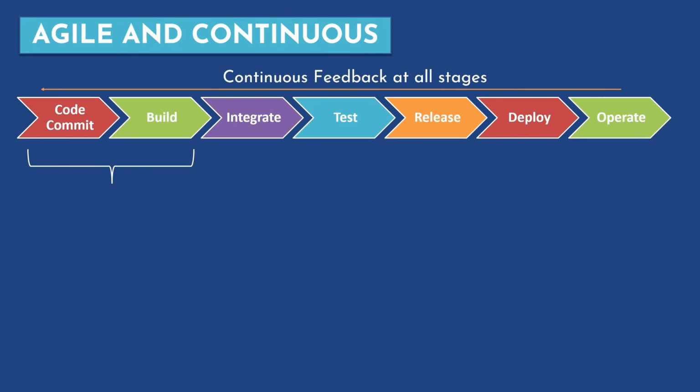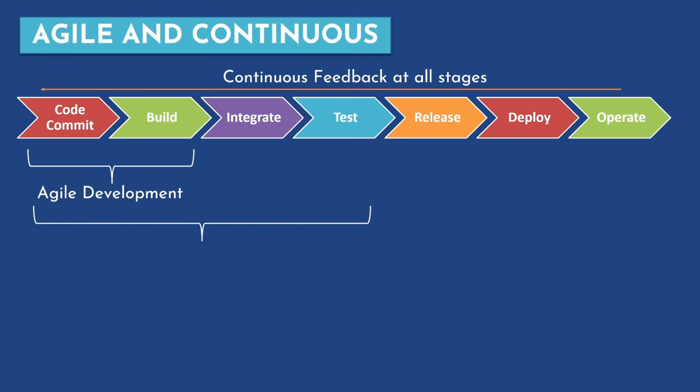If we look at the code commit and build part, this is where Agile operates. Agile development is mainly concerned with the development. It does not have any say in operationalizing or testing or releases to production. So Agile is just for the development.